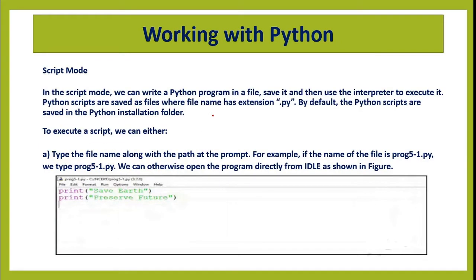So next one is script mode. In the script mode, we can write the Python program in a file and save it, then use the interpreter to execute it. All the Python files are saved with the extension .py. So by default, the scripts are saved in the Python installation folder.